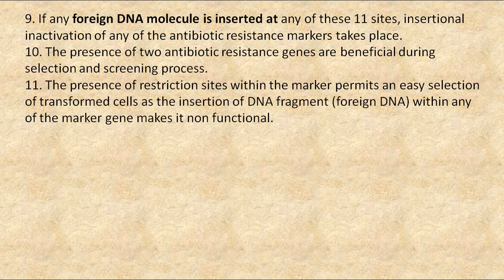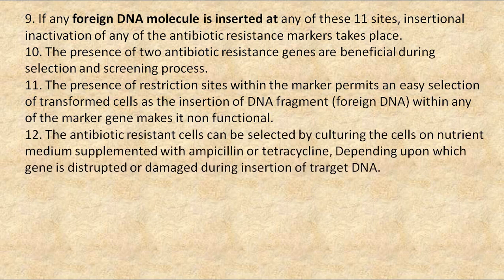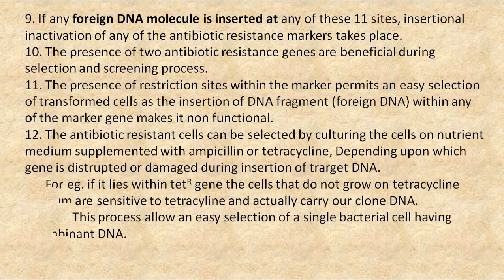The presence of restriction sites within the marker permits an easy selection of transformed cells, as the insertion of a DNA fragment within any of the marker genes makes it non-functional. The antibiotic resistant cells can be selected by culturing the cells on nutrient medium supplemented with ampicillin or tetracycline, depending upon which gene is disrupted or damaged during insertion of target DNA.